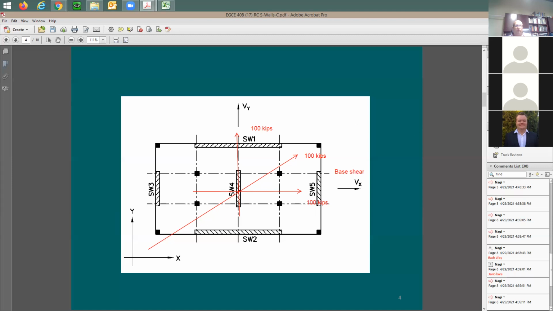Meaning I have one wall like this. Let's say I decide to have a wall like this. Right? So in this case, I need to try the force to be parallel to it, in the same direction as this one. Otherwise, it is sufficient when you do it in the x direction once and the y direction once. Don't forget, the force is not acting in the x and y direction at the same time. The earthquake, usually, the shaking is going to be coming in one direction only at a time.